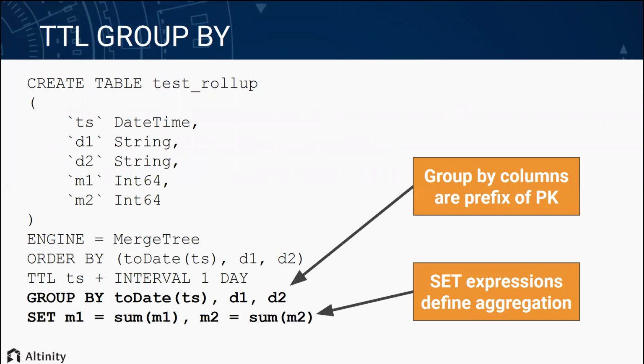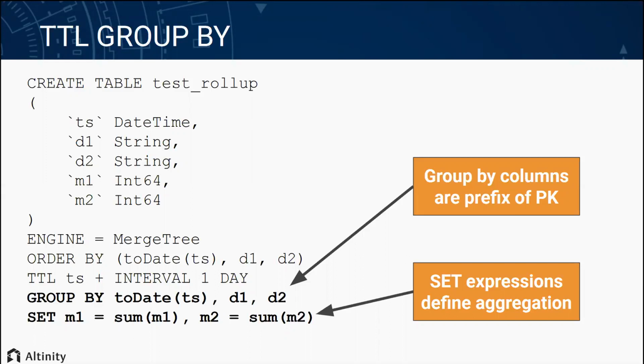The TTL group by idea is to perform automatic roll-up of data once a time condition has been reached. For example, you may have detailed data for the last day and then roll up to minutes, or after 30 days, roll up to days, losing the minute granularity or whatever.